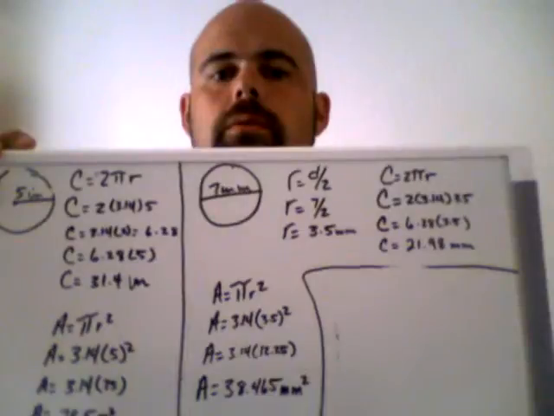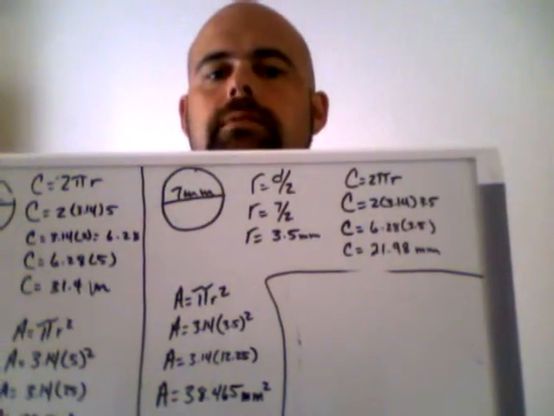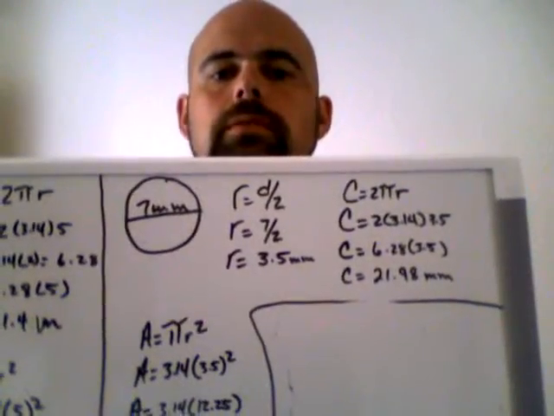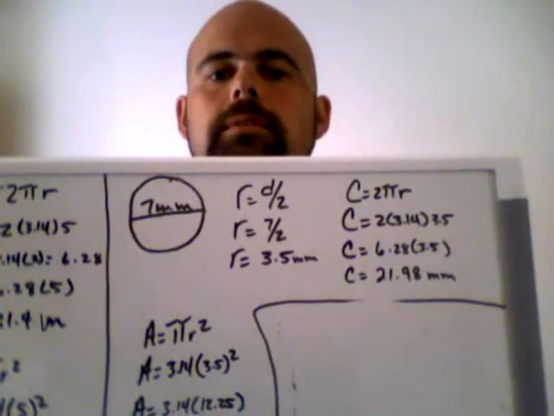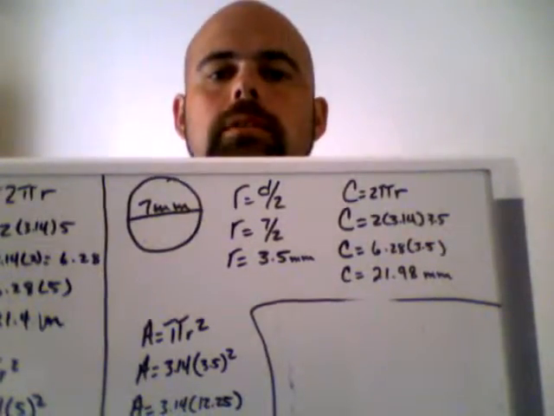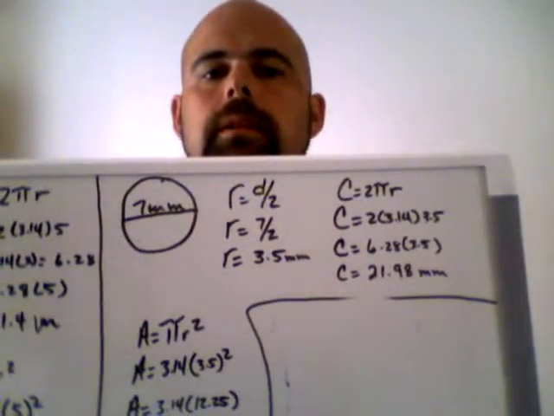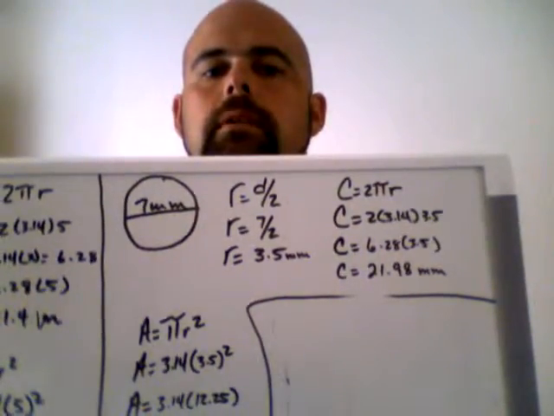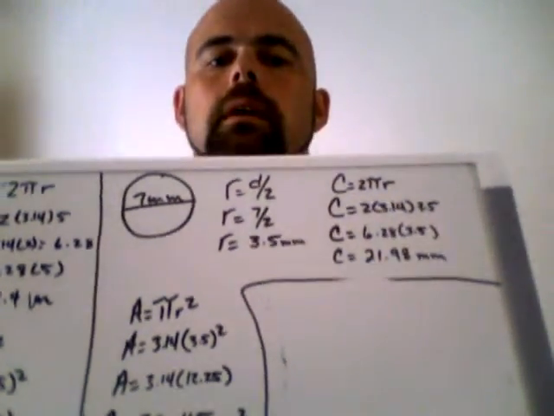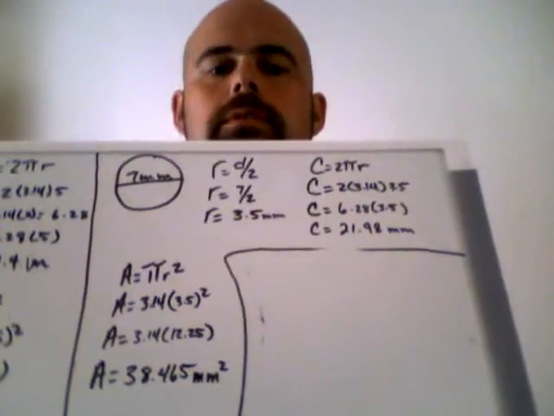So when we get 3.5 millimeters, we go ahead and apply that into our circumference formula, where we get 2 times 3.14 times 3.5. Okay, 2 times 3.14 is 6.28, and then we multiply by 3.5, and we get 21.98 millimeters.